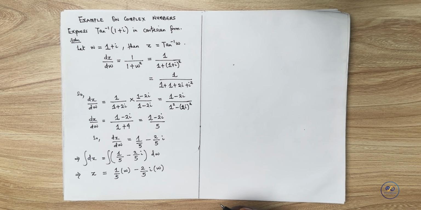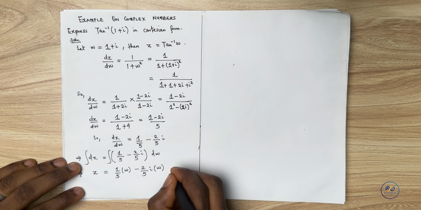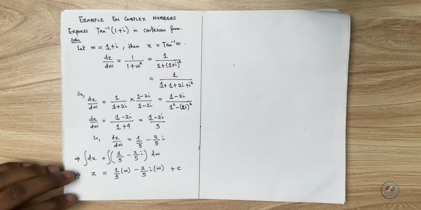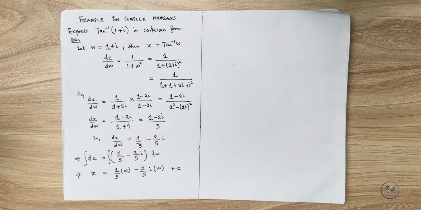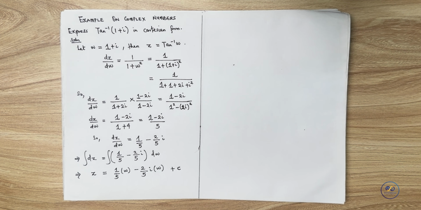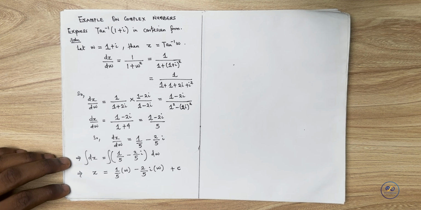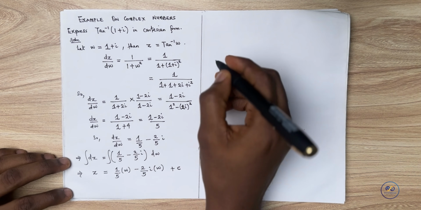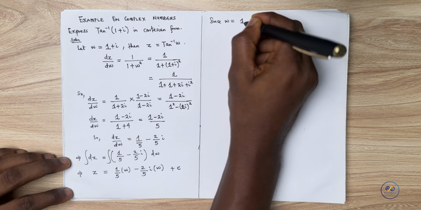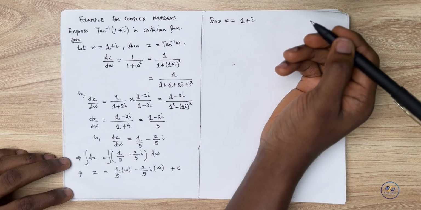Of course, there is a constant of integration that comes out, which is plus C. You can assume that the constant is 0, or you can assume that the constant is another number. That is totally fine.